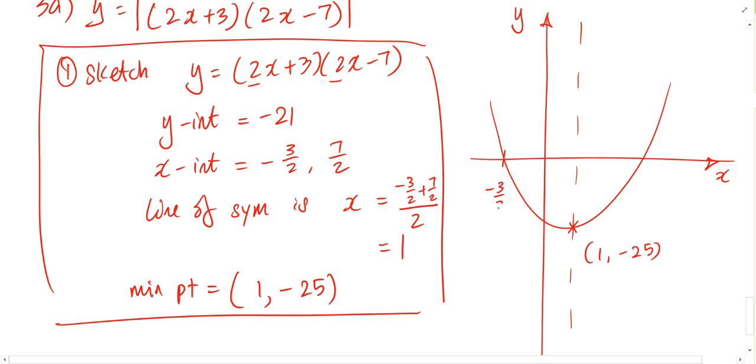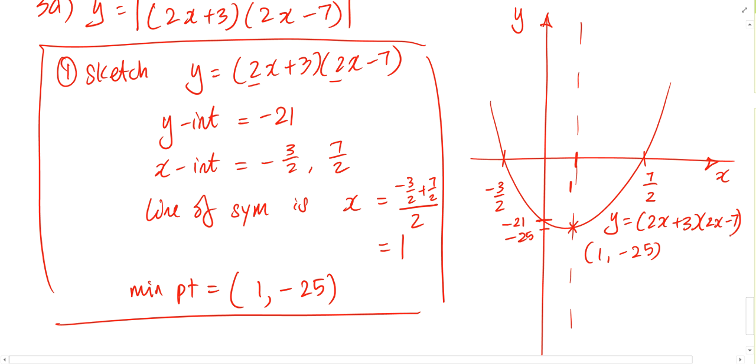X-intercepts negative 3 over 2 as well as 7 over 2. This value over here is 1. This y-intercept is negative 21. The minimum point is negative 25. Okay so far for the parabola? Yes. Okay, so let me just write this down. This is y equals (2x plus 3)(2x minus 7).